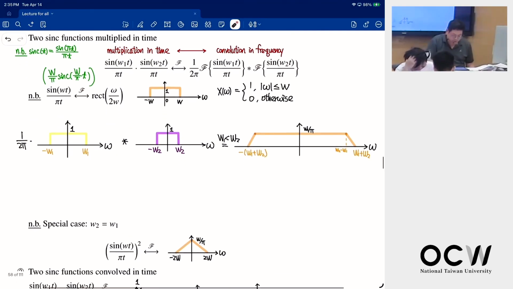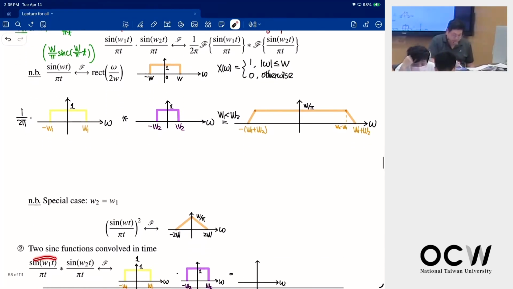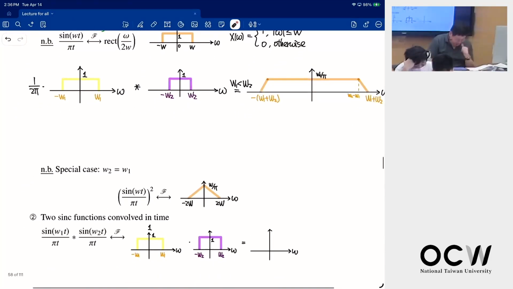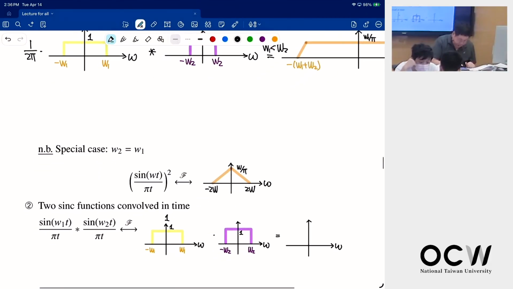Next, we are going to see that two sinc functions convolved in time. Then in frequency domain, we have two rectangular pulses multiplied together. Okay, and we still assume that normally W2 is always less than W1, but here we assume W1 is less than W2.